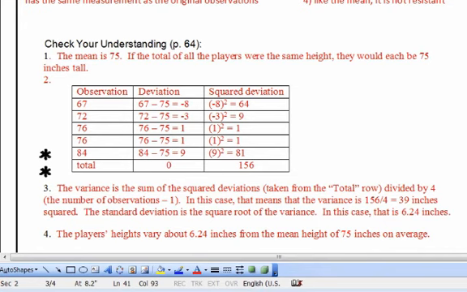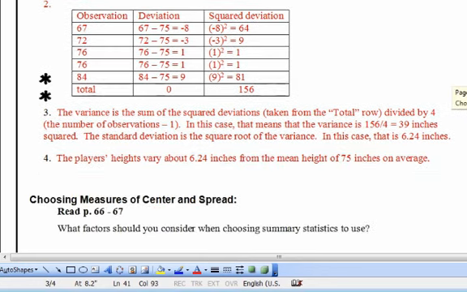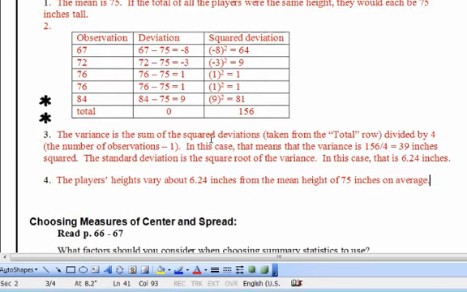Okay. So, the variance is the sum of the squared deviations, so that's 156 divided by 4, which is the number of observations minus 1. Remember, that's n minus 1. In this case, that means that the variance is 156 divided by 4, which is 39 inches squared.